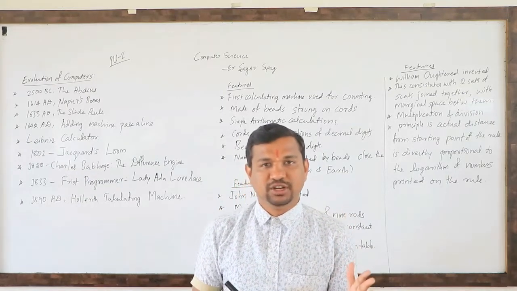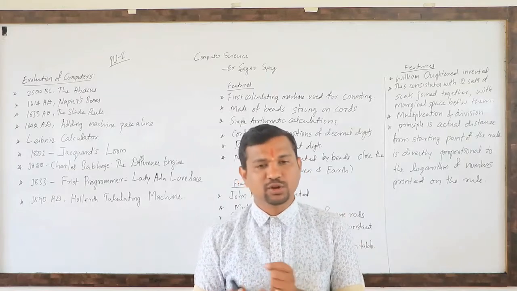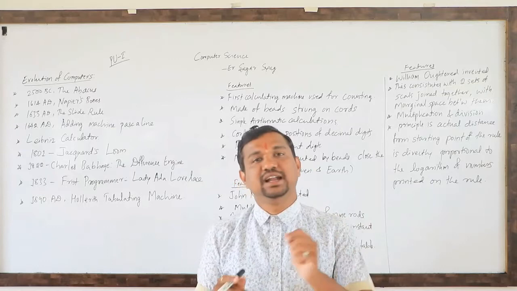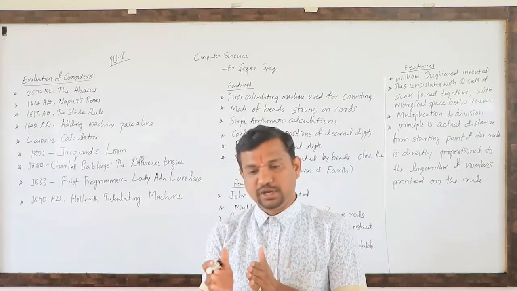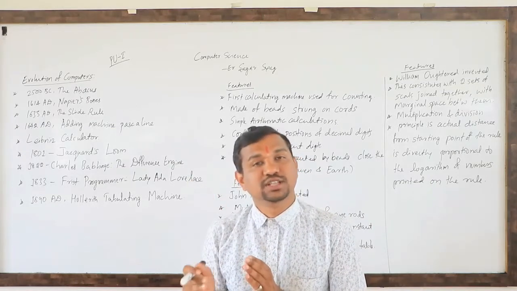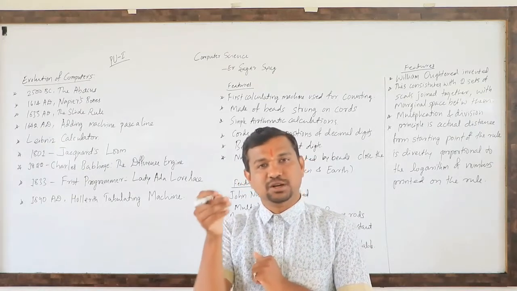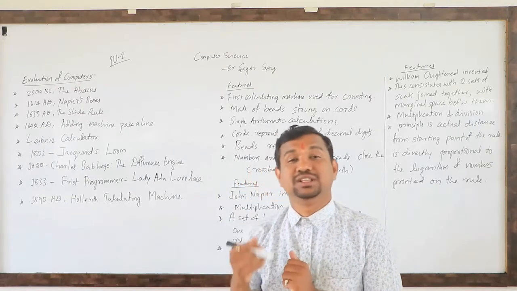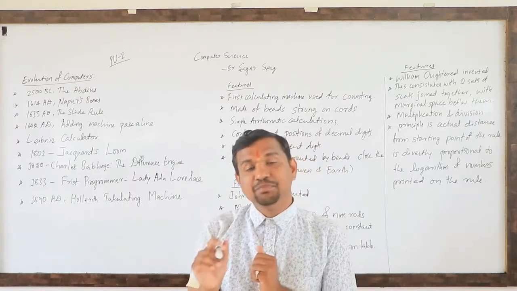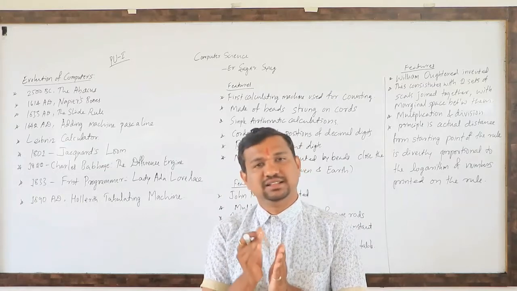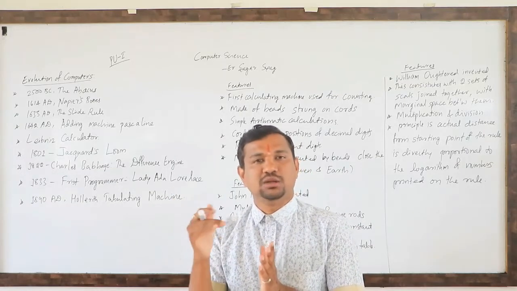What is the input unit? Through input devices we feed the data, and that data is inputted into the CPU, the central processing unit. In the central processing unit, depending on the task assigned, it distributes or assigns that to the parts of the computer.